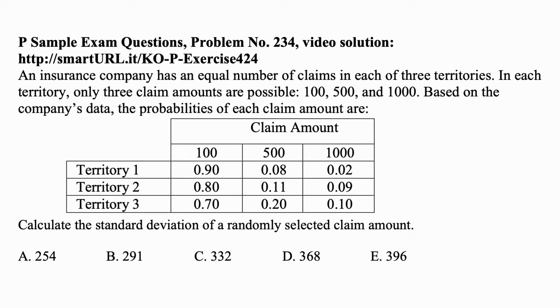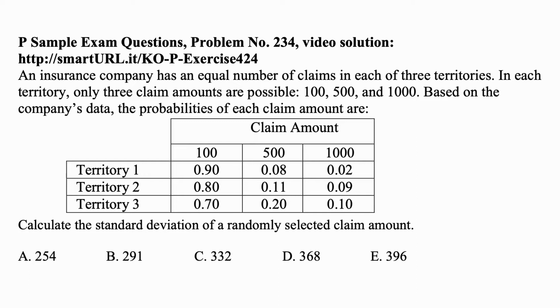Here's a problem for today for exam P on probability. An insurance company has an equal number of claims in each of 3 territories. In each territory, only 3 claim amounts are possible: 100, 500, and 1000. Based on the company's data, the probabilities of each claim amount are: in territory 1, 0.90 for 100, 0.08 for 500, and 0.02 for 1000.